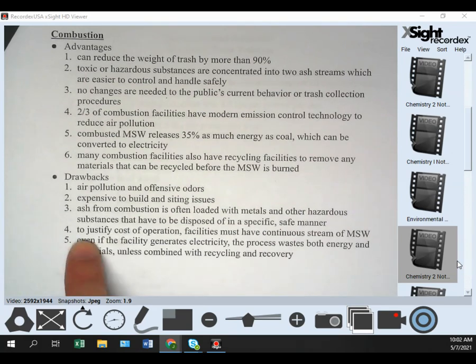The fourth one seems weird, but it is a concern. To justify the cost of operating, these combustion facilities must have a continuous stream of MSW. In other words, they have to have enough trash to make running it worth it.